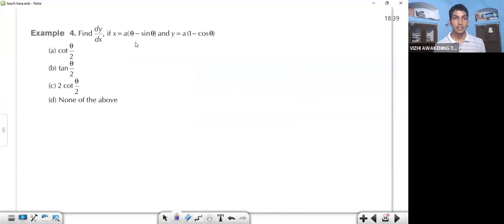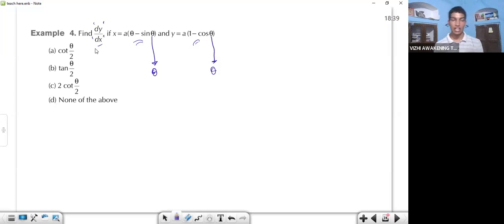Okay, so dy by dx. We are given x as a function and y as a function, whose parameter is theta. This is a common variable between these two functions, and we need to find the change in function y with respect to function x. As we know, y depends on theta and x also depends on theta.